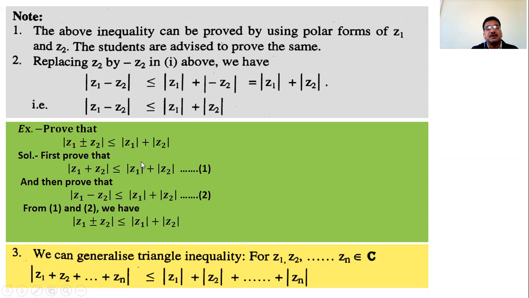If we combine these two, then we have |z1 ± z2| is less than or equal to |z1| + |z2|. Prove this first, then prove this, and then write that from 1 and 2 we have this. We can generalize this inequality: |z1 + z2 + z3 + ... + zn| is less than or equal to |z1| + |z2| + ... + |zn|.